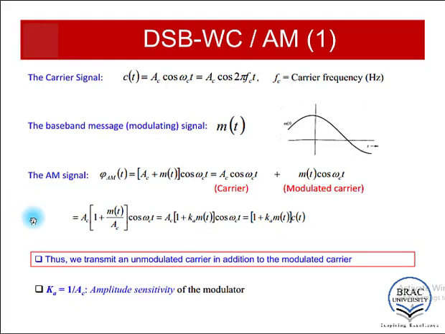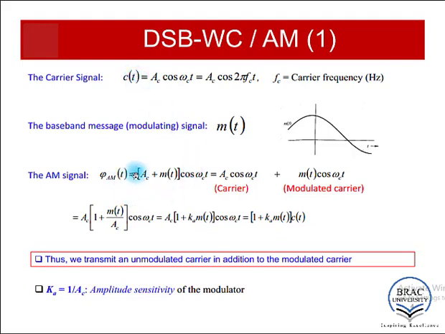You can see this effect if you look at the equation of the AM signal. Its amplitude is Ac plus m(t). As m(t) varies with time, the amplitude of this AM signal also varies with time. One thing to notice here is that the frequency of the AM wave, which is omega c or fc, is unchanged from the carrier.